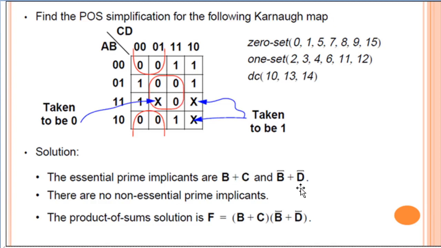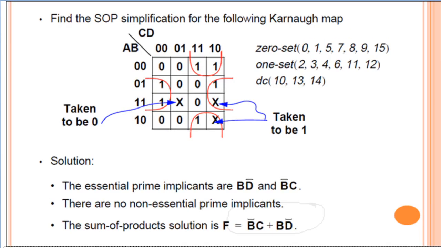That means we will get the function in the POS form, and this will be our output in POS form. In the previous slide, the output function is in the SOP form.